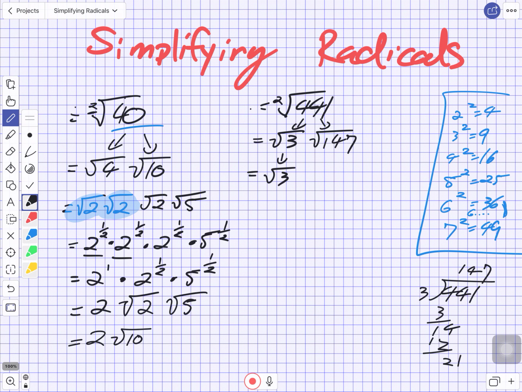I'm going to look at it and quickly tell you that 3 also goes into this one, so I can break it into 3 and something. The question is, 3 and what?